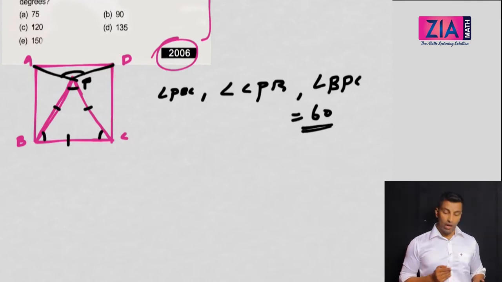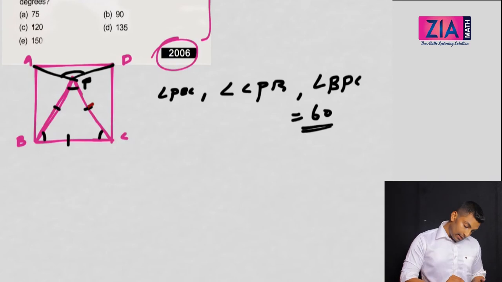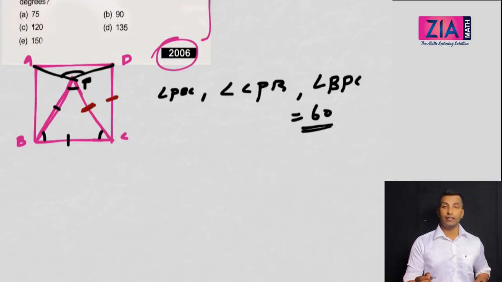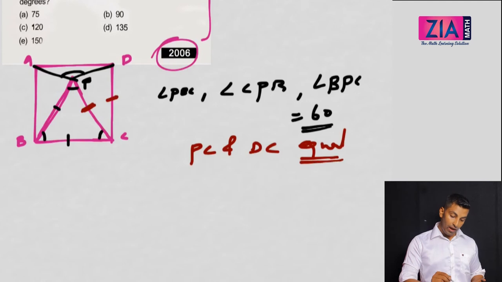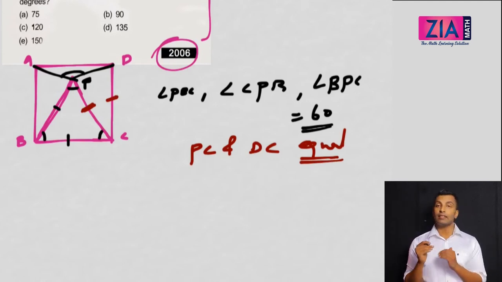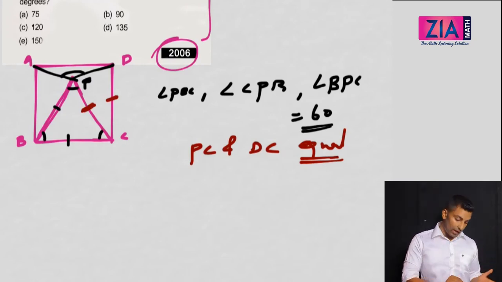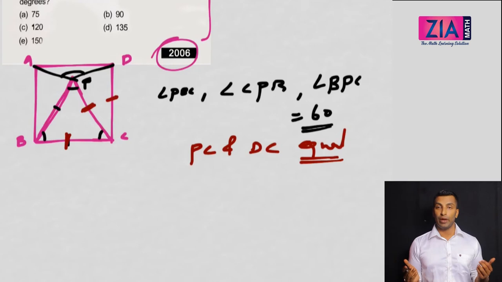Okay, now how will I get the other angle? See, this side and this side is equal. So actually PC and DC are equal. Okay, why? Because DC is the side of the square and PC is also nothing but the same size, right? Because we are actually starting with the side of the square. So both are equal, so both angles have to be the same.